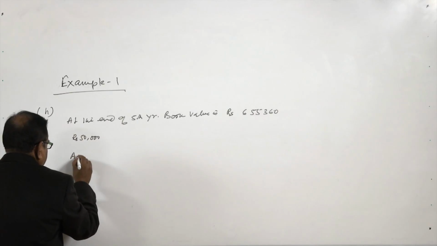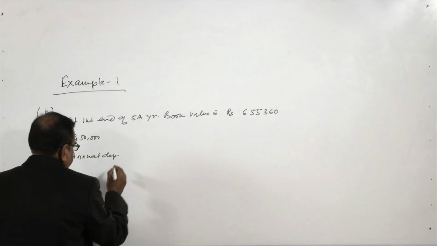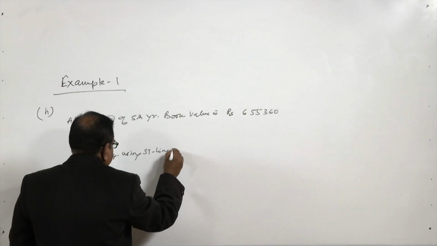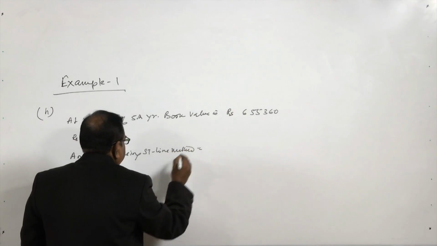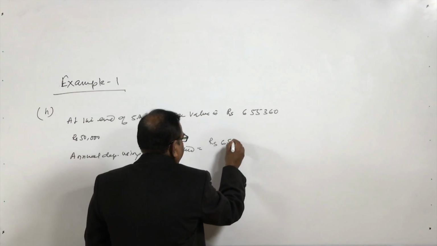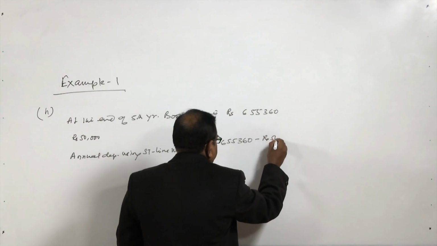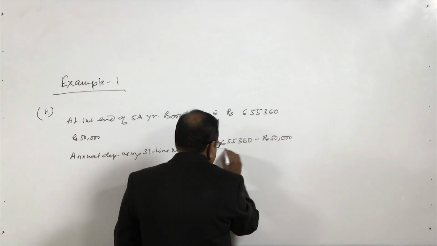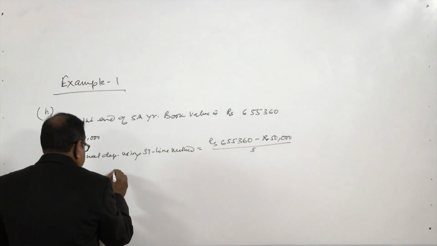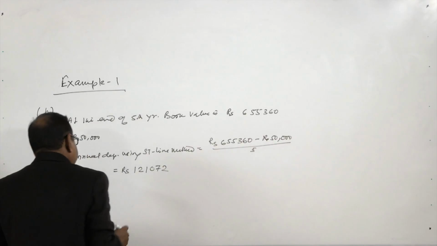So, annual depreciation using straight line method is equal to rupees 655,360 minus rupees 50,000 divided by 5 years, which comes out to be rupees 121,072.